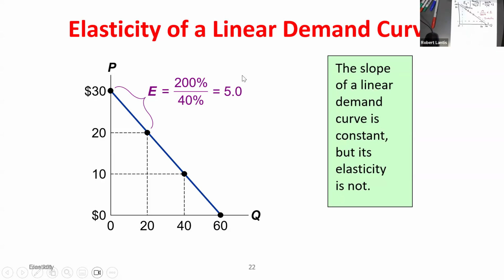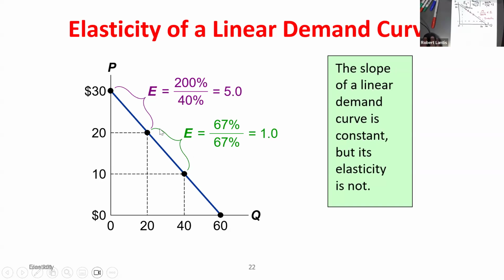Now, if I see that same $10 decrease, but I'm moving from $20 to $10 as the price, using the midpoint method, once again, that change in price is still 10, but now the average of these two numbers would be 15. So 10 over 15 would actually be a 67% decrease in price. And then the corresponding percentage change in the quantity demanded, if I use 20 and 40, would also be a 67% increase.